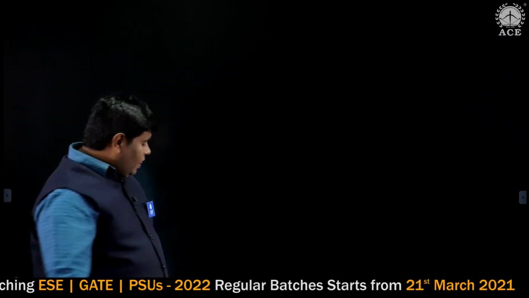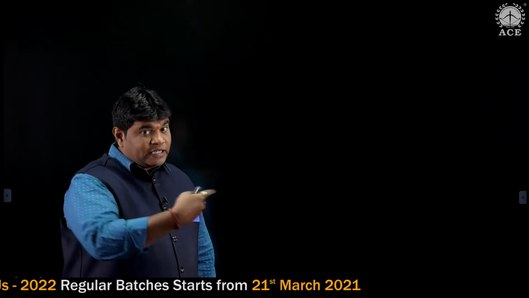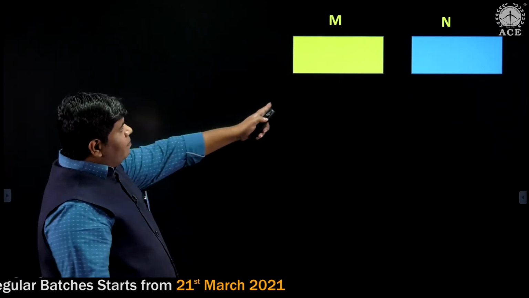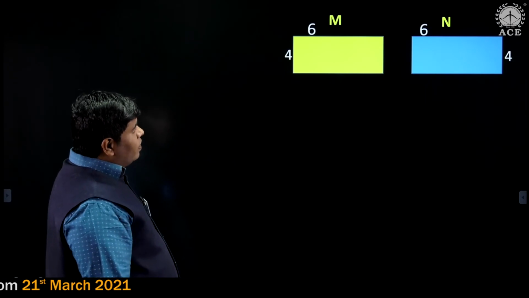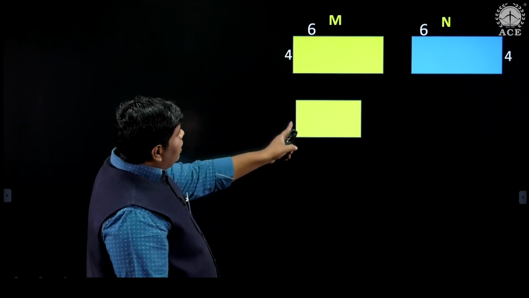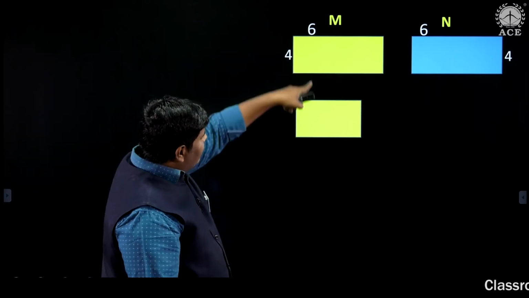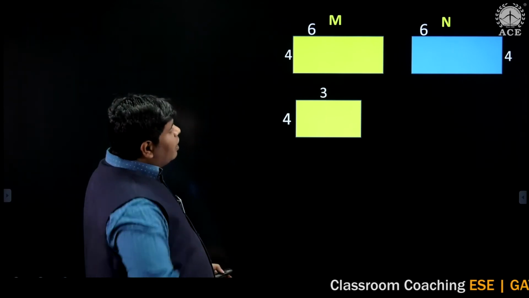Observe. First the M sheet, next the N sheet. Size is 6 by 4 for both. For the M sheet, the short edge is folded. Same 4, but it becomes 3. Again the short edge is folded. That 3 is folded like this, no change to the other side, and it becomes 2. Again short edge folded.